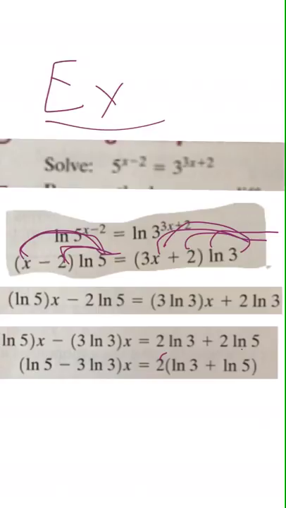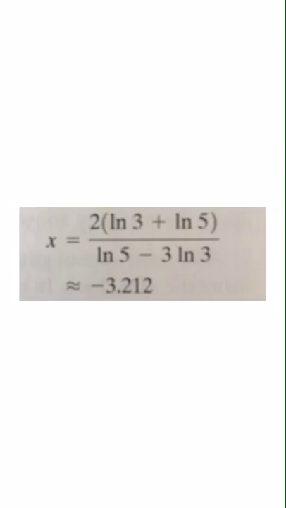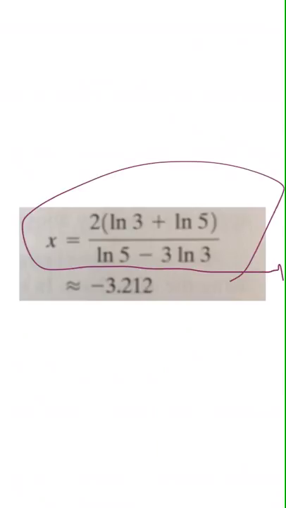So now, if we divide both sides by ln of 5 minus 3 ln of 3 to solve for x, we would have x equals 2 times ln of 3 plus ln of 5, the stuff that's on the right-hand side, divided by ln of 5 minus 3 ln of 3, which as a decimal approximation would be about negative 3.212. Or you could just leave it like this. It doesn't matter.